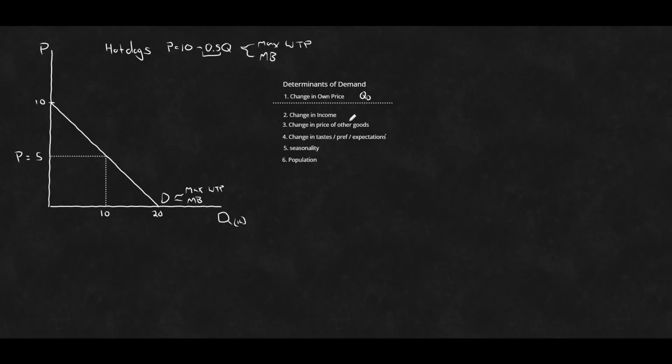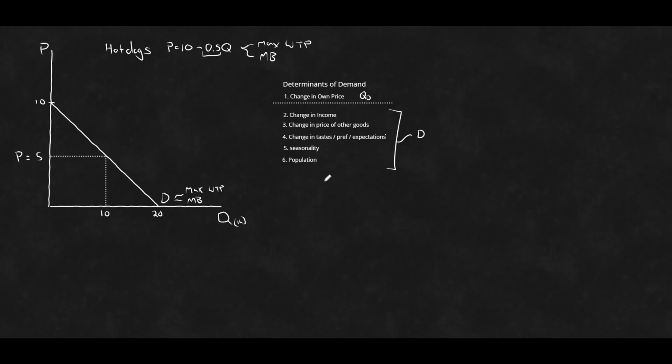What I want you to take away is, the first one, change in own price, just changed prices, and as a result gave us a new quantity demanded. These next 5 all resulted in a change in the demand curve itself. And what I want us to keep in mind is that anytime we're changing anything, we have to change only one of these while holding all the others fixed.